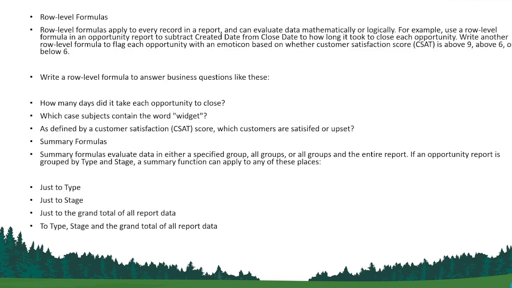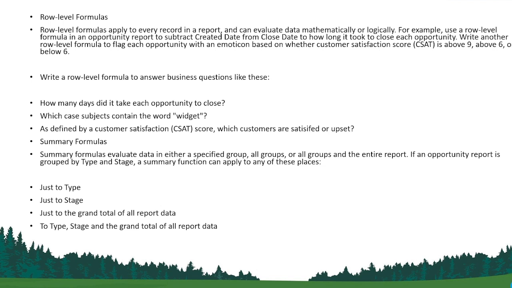Then you have row level formulas. The row level formulas will be applied to every record in a report, and you can easily evaluate them mathematically or logically. For example, if you use a row level formula in your opportunity report, you can get the created date and subtract it from the close date to check how much time it takes to close the opportunity.